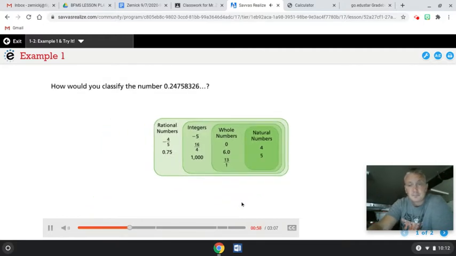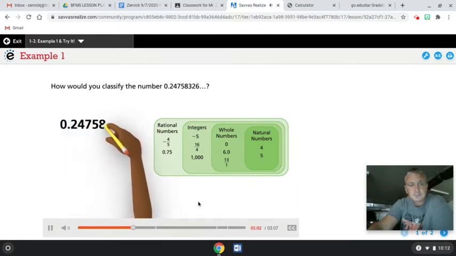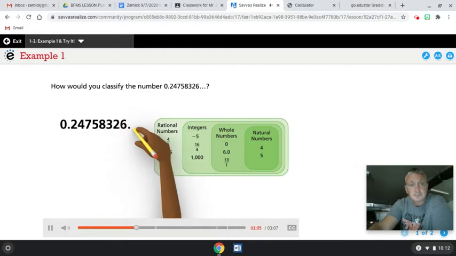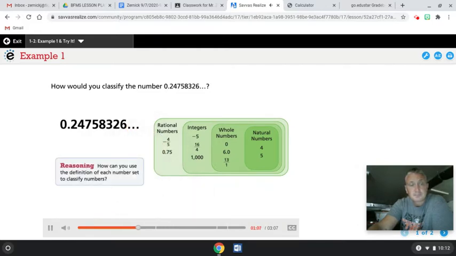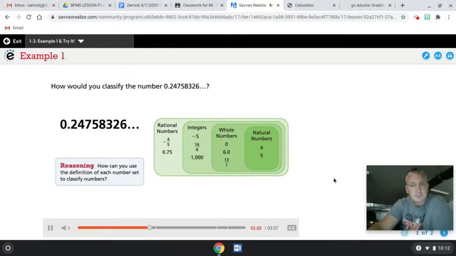How would you classify the number 0.247583326 and so on? How can you use the definition of each number set to classify numbers? Is it a natural number? No. Decimals aren't natural numbers. The same is true of whole numbers and integers in general. Then maybe it is a rational number.